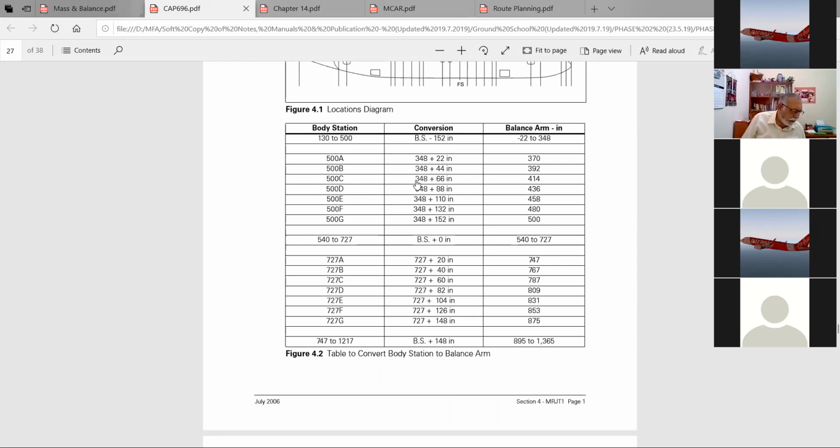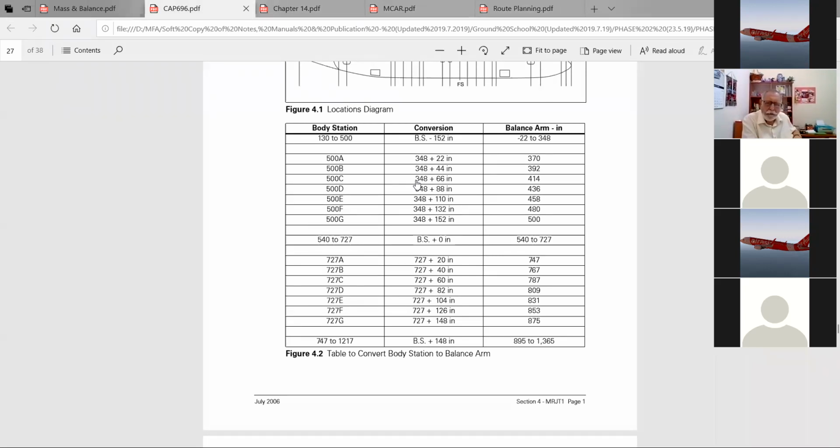What is the station number at the nose of the aircraft? What is the answer? Which page, sir? Page 62 in your notes.